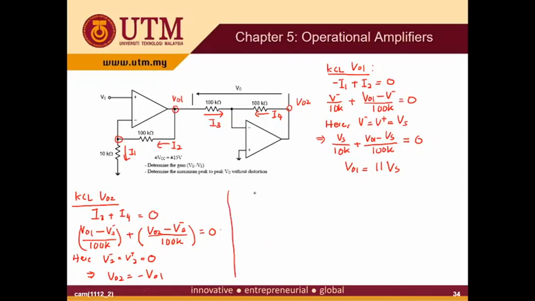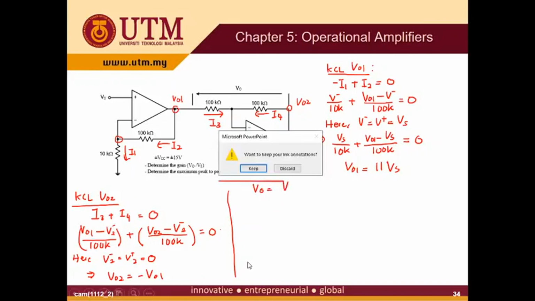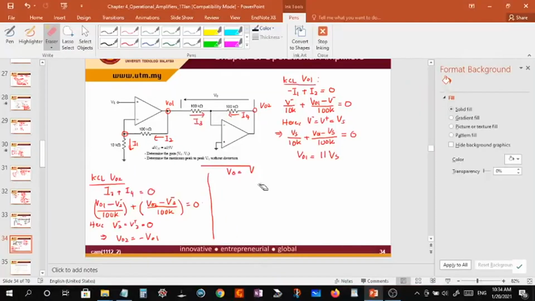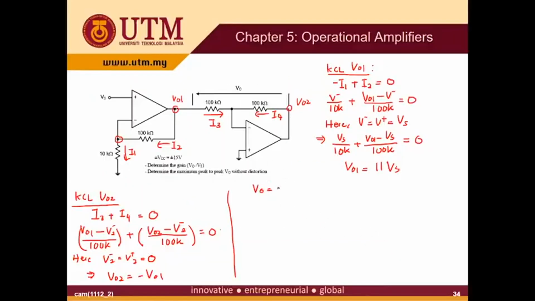So next we can get the equation for V out. V out is V out 1 minus V out 2. Note here the V out is defined as V out 1 minus V out 2. V out 1 is 11 Vs and V out 2 is minus V out 1.